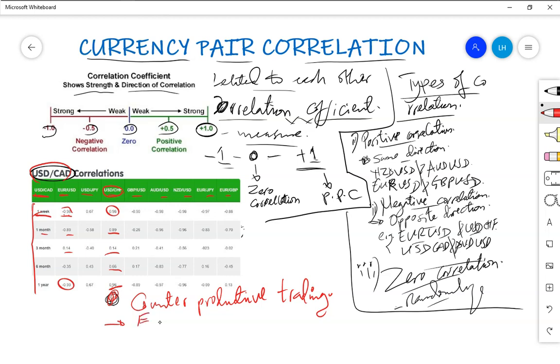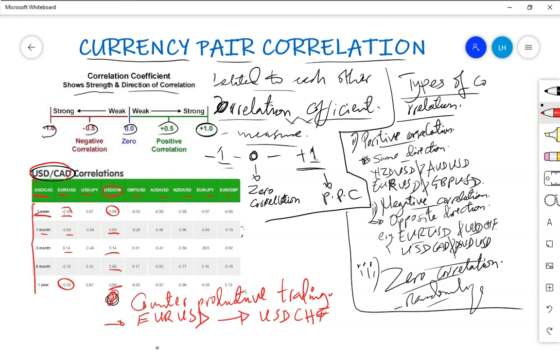Let's say you are selling EURUSD, and at the same time you sell USD CHF. Now EURUSD and USD CHF have a negative correlation.